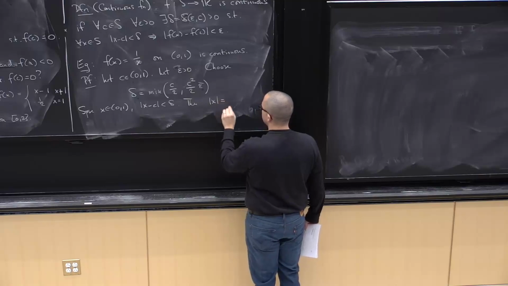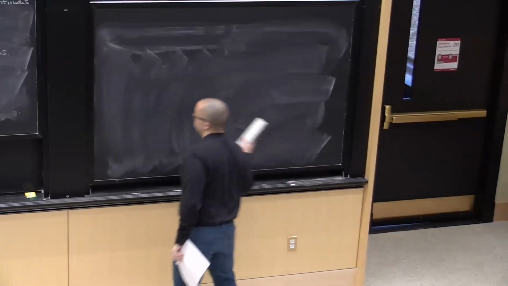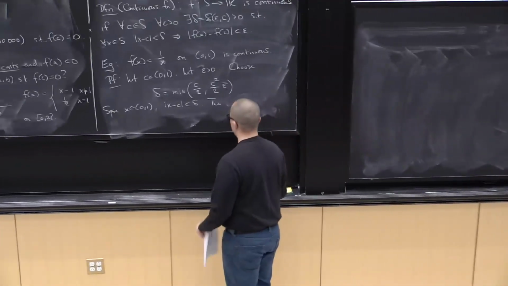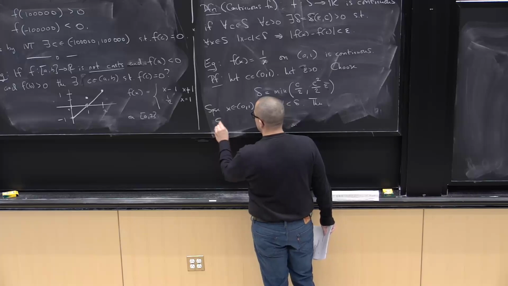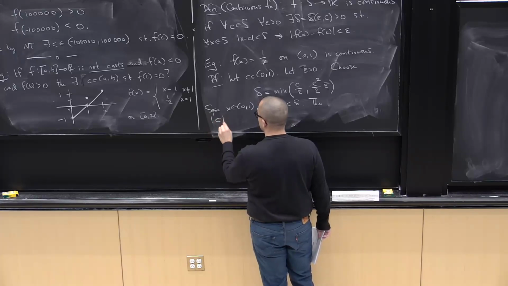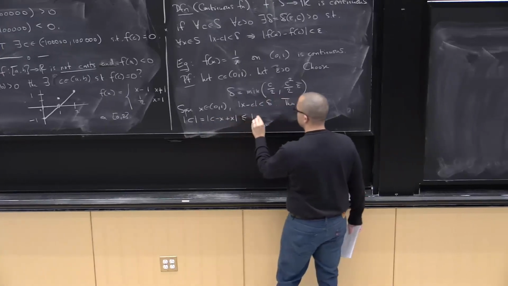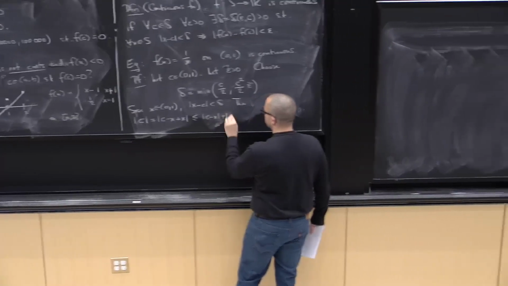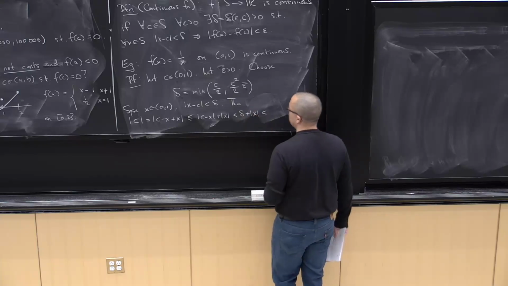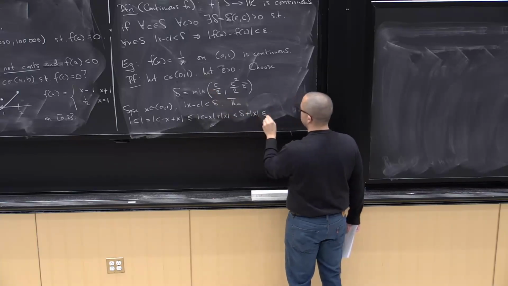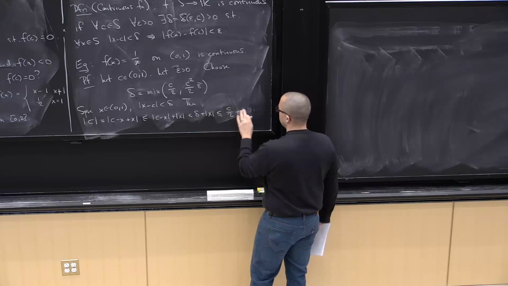the absolute value of c, this is by the triangle inequality. So let me write it this way. |c| is equal to |c minus x plus x|, which is less than or equal to |c minus x| plus |x|, which is less than delta plus |x|, which is less than or equal to the minimum of these two, so it's certainly less than or equal to c over 2 plus |x|.